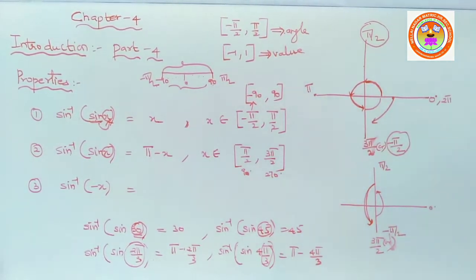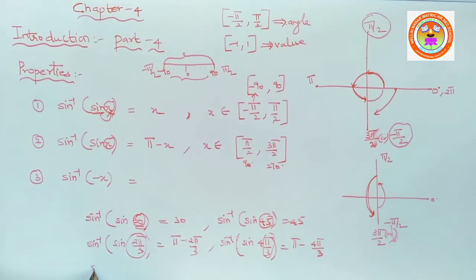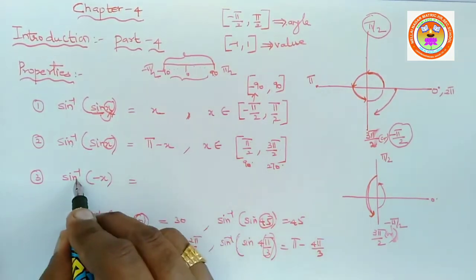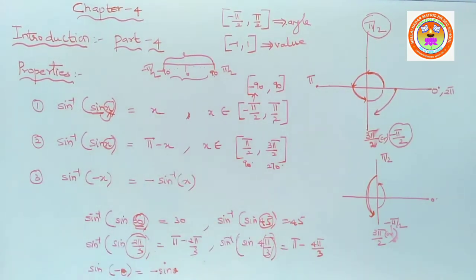The final property: sine inverse of minus x. We know another formula that is well known: sine of minus theta is nothing but minus sine theta. The same format can be used here. Sine inverse of minus x is nothing but minus sine inverse of x.